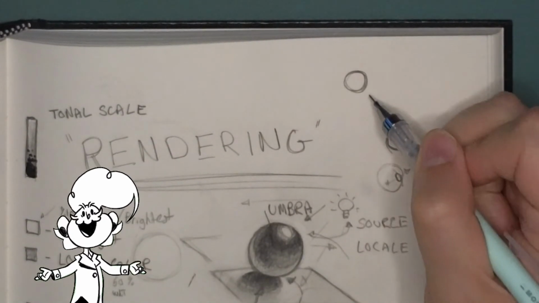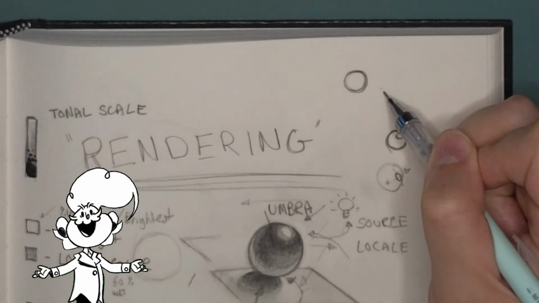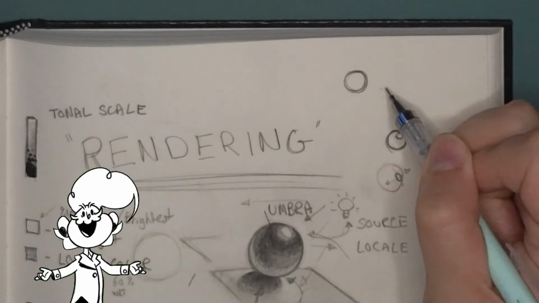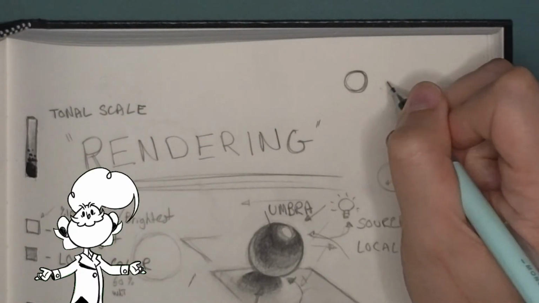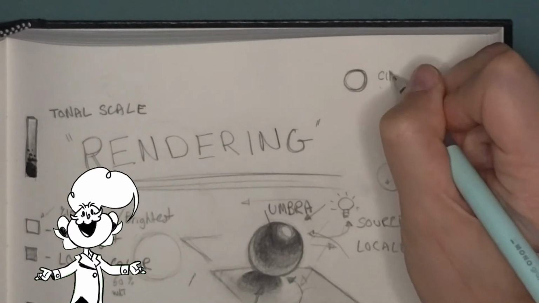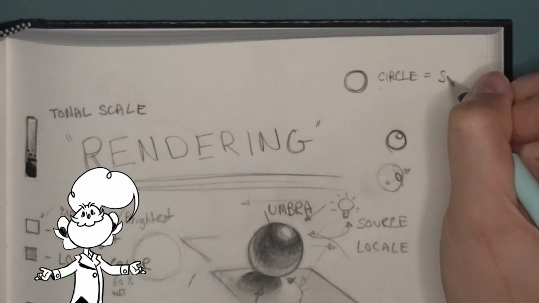So rendering is, how do we take this sphere here and make it communicate clearly that it is a sphere? Circle to sphere.